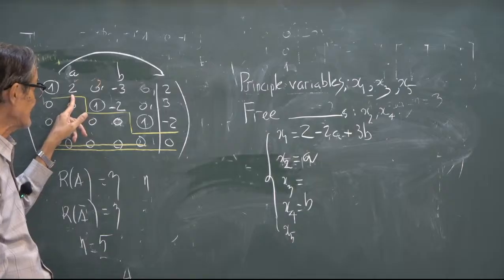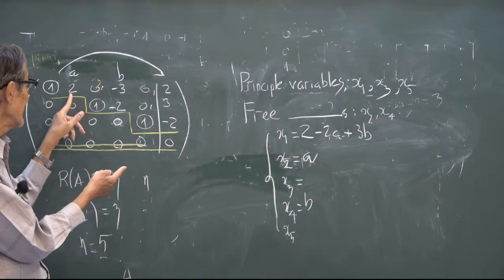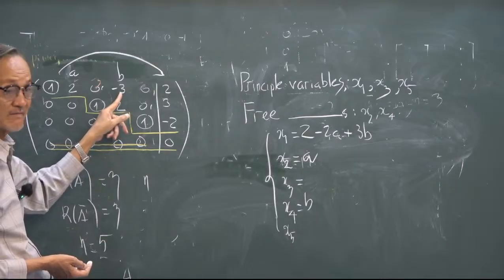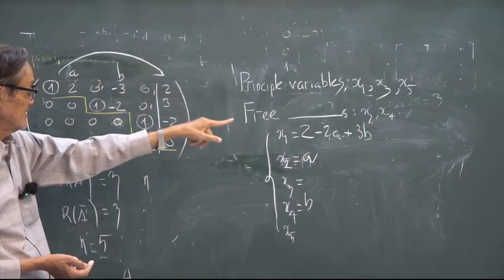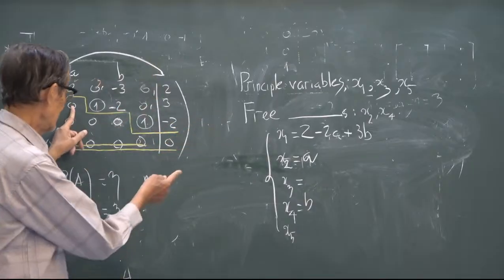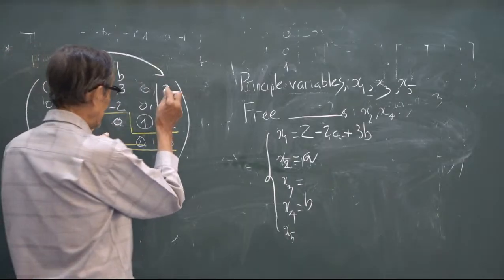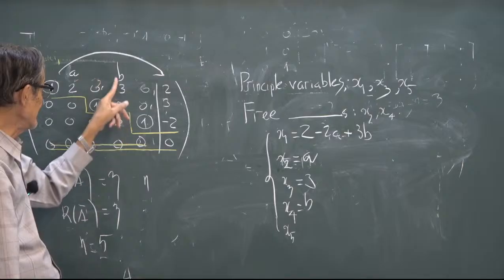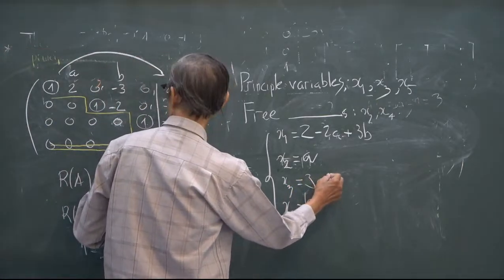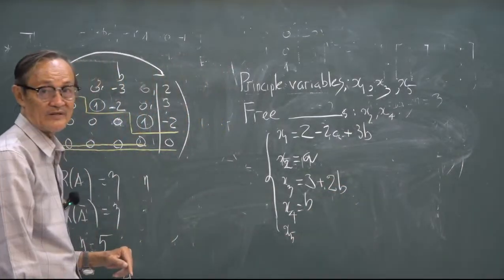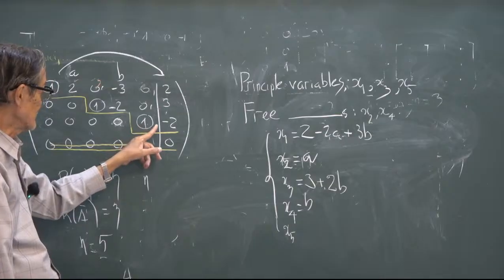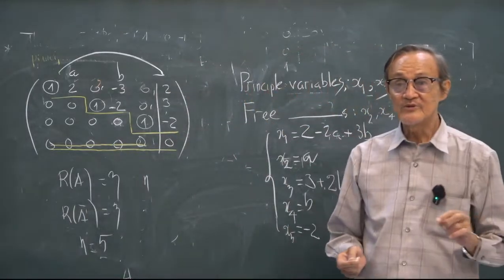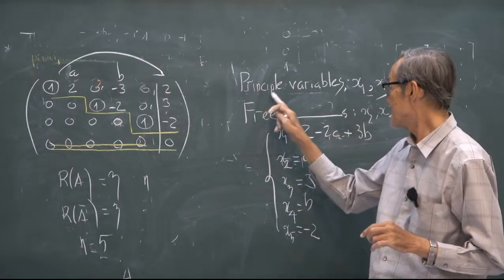We substitute the value a for x2, move it to the right-hand side as minus 2a, and for x4 equal to b, minus 3b moves over as plus 3b. For x3, minus 2 times b, move to the right-hand side, plus 2b. And x5 equals a number.